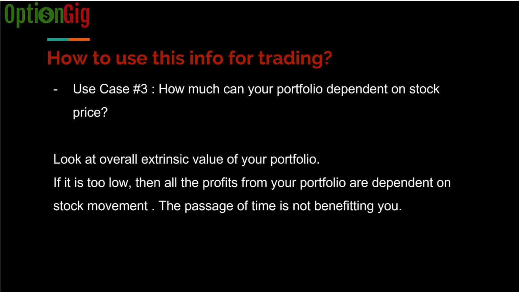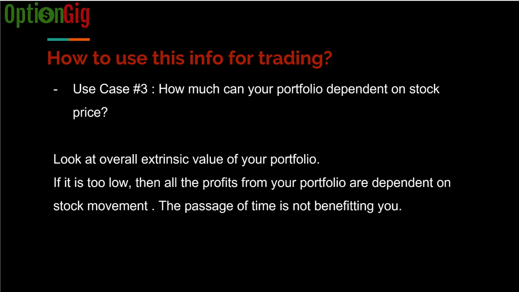Now, if the extrinsic value is too low, and in some other session we can cover what is meant by too low, it means your portfolio is heavily dependent on stock price movement. Your portfolio is not at all benefiting from the fact that time is passing by and the option is getting closer to expiration.